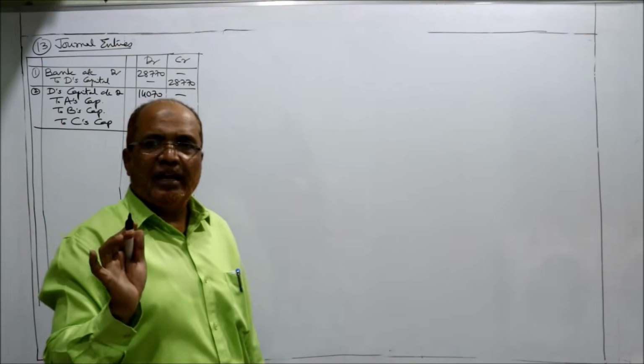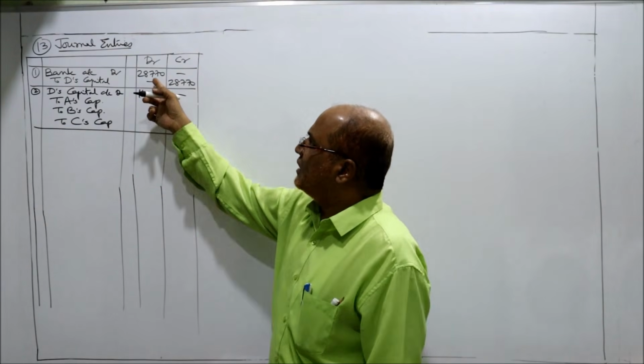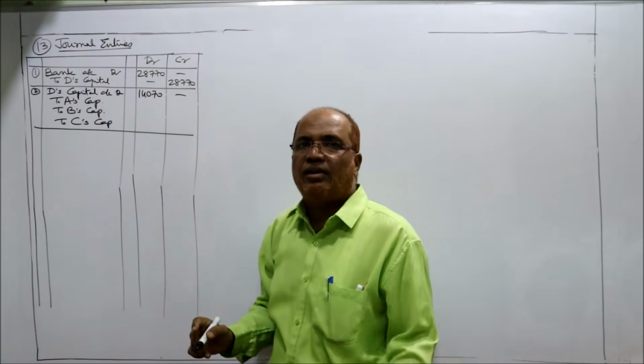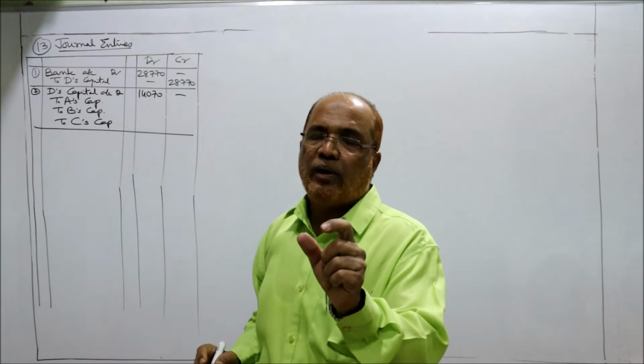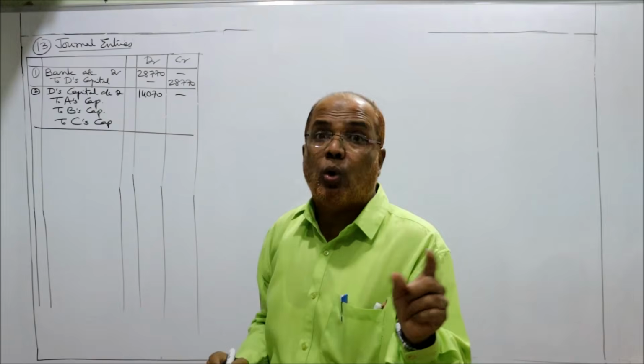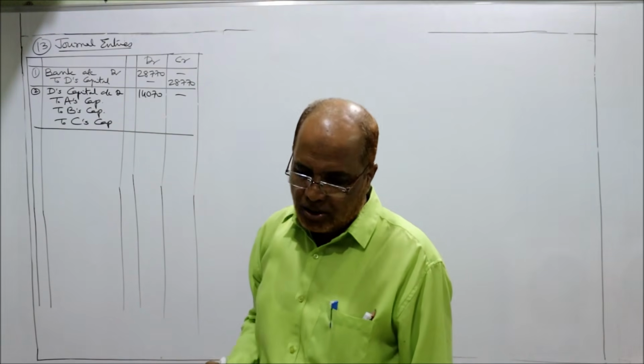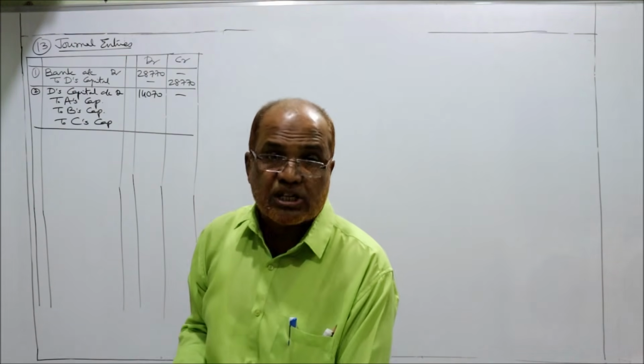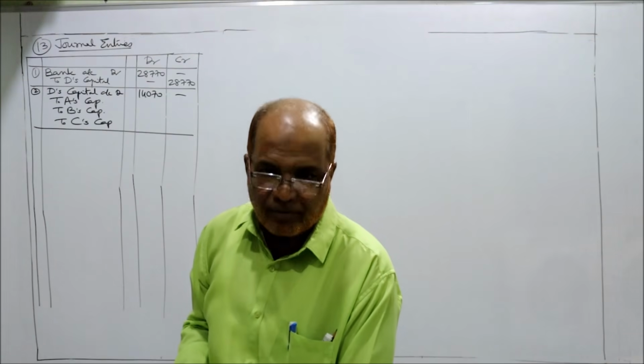Goodwill, he is bringing 14,070. Out of 28,770, 14,070 is the goodwill, and the goodwill will be distributed by the old partners in the old profit sharing ratio, right? So the old profit sharing ratio given in the problem is 6/14, 5/14, 3/14.